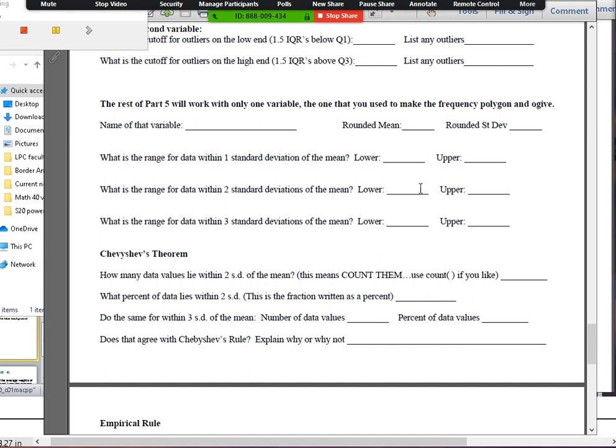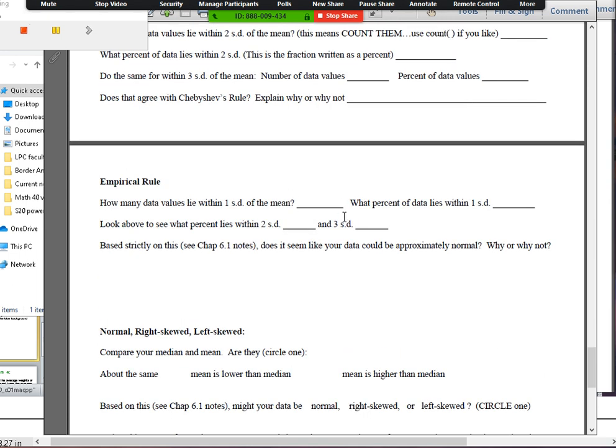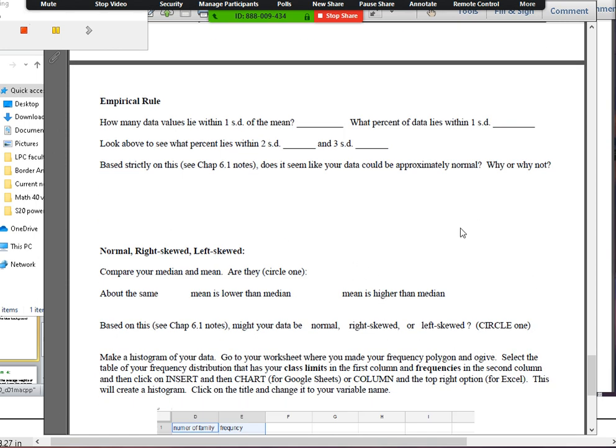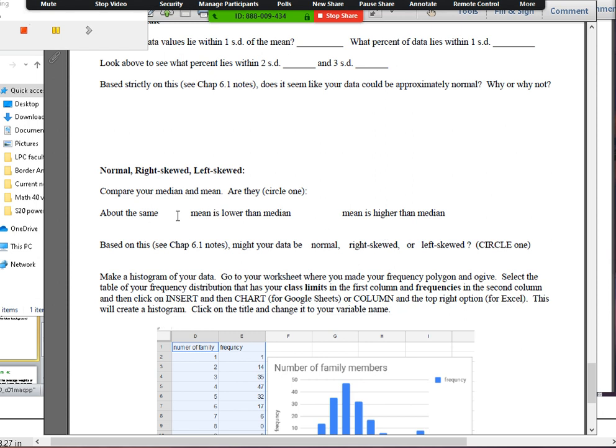So physically, from this number to this number, count out how many of them are in there, and you can use that count function for that if you want. And then for 3 standard deviations also, say whether that agrees with Chebyshev's, and then do the same thing with the empirical rule. You have to include how many fall within 1 standard deviation and what percent that is, and whether that matches up with what you think the empirical rule is, and based upon that, whether you think your data is normal or not.